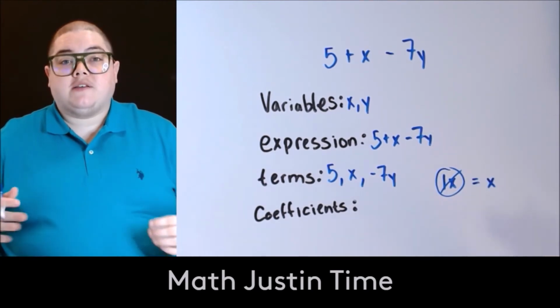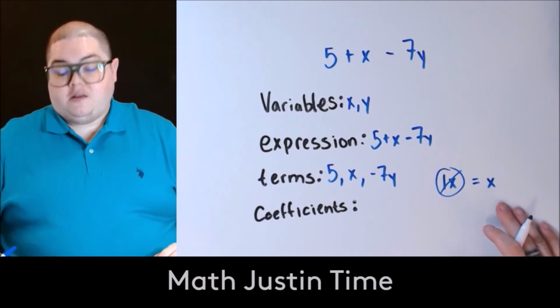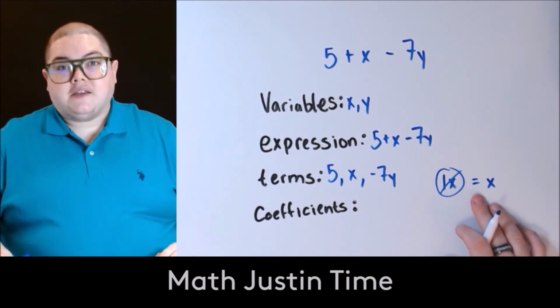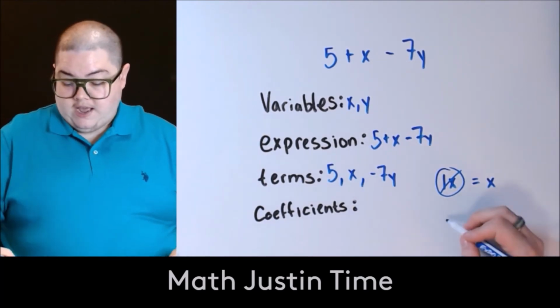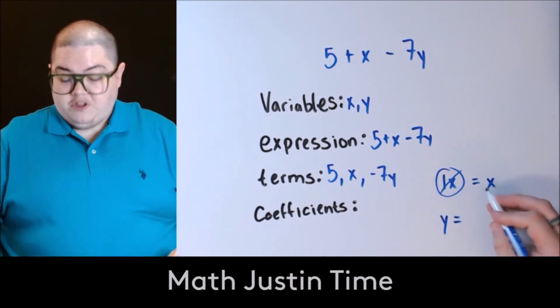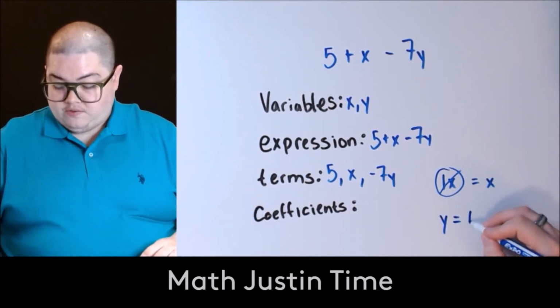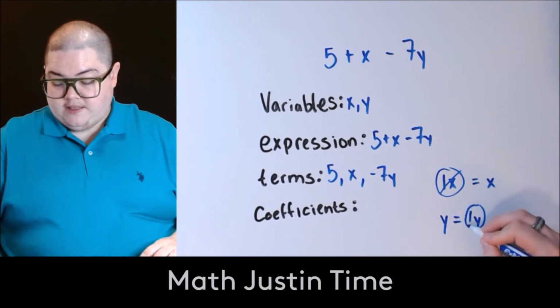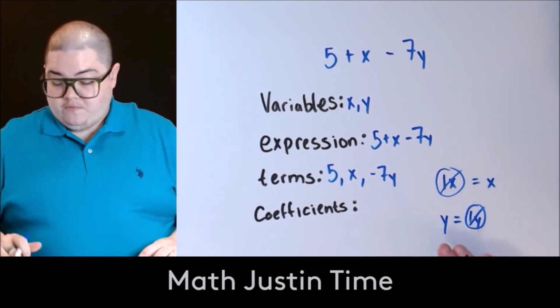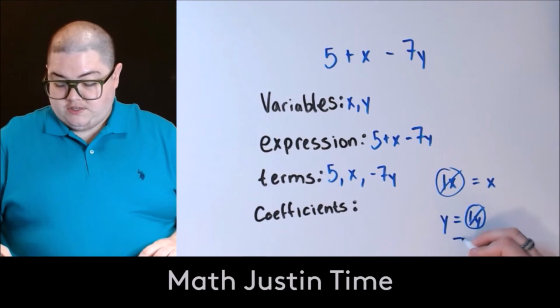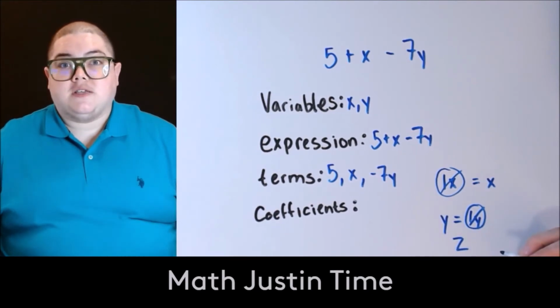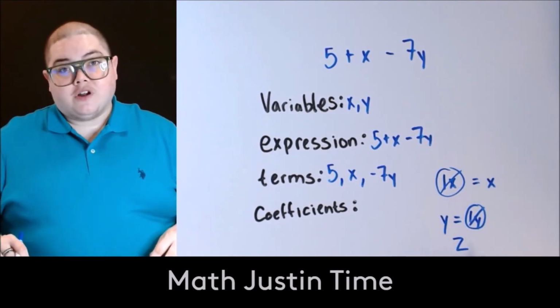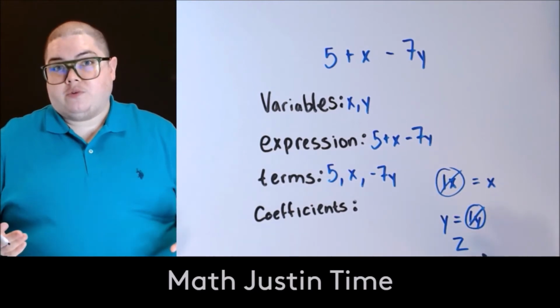We assume that if there's a variable there and there's no number in front of it, that the number is 1. So if we had y, it would be the same thing as 1y, but we don't write it like this. What if we saw just z? Then the number in front of it, if it's just by itself, we would assume to be 1.